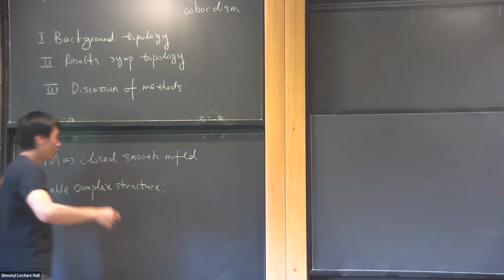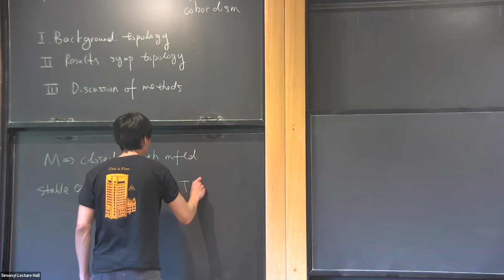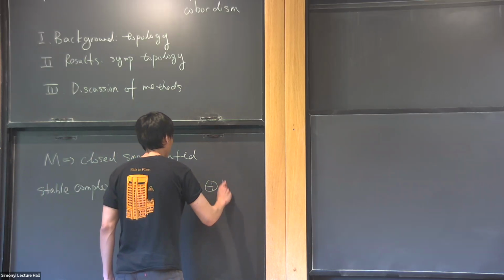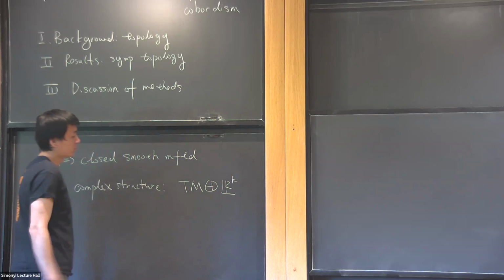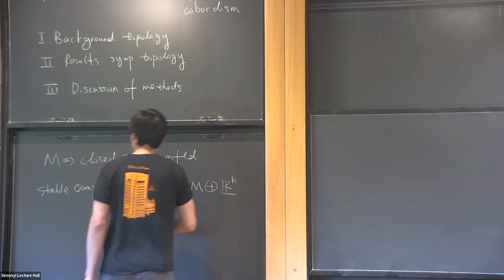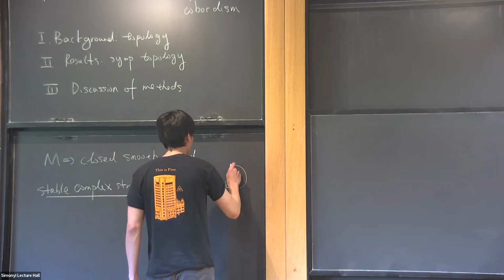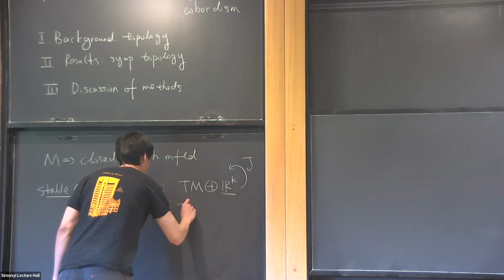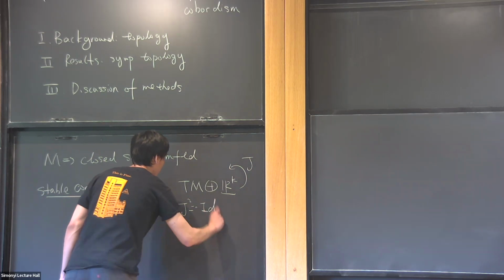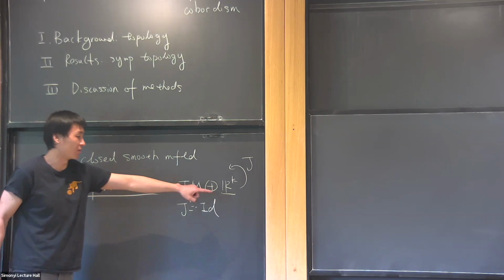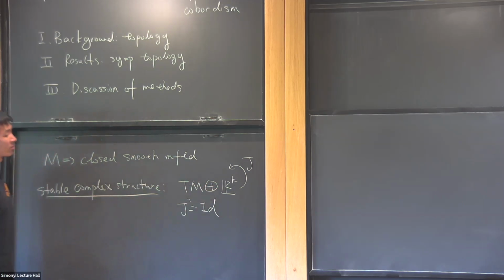We consider the tangent bundle of the manifold M, and we consider the direct sum of this with a trivial bundle, say of rank K. A stable complex structure is then an almost complex structure on this bundle, so it's a J with the property that J squared is equal to minus identity. Okay, so stable refers to this part: you have to take the direct sum with a trivial vector bundle, and complex refers to the existence of such a J.